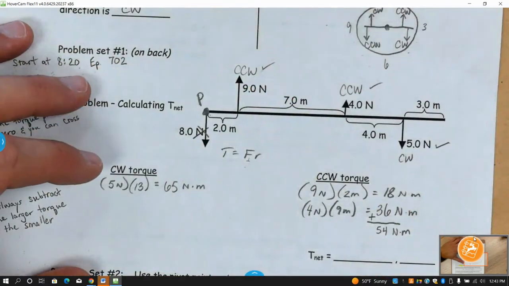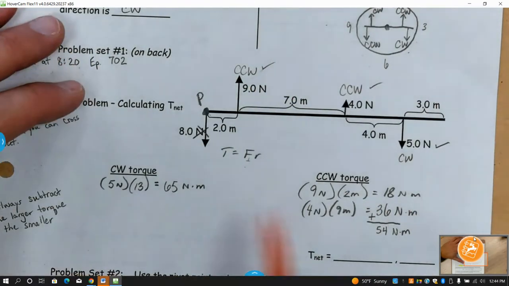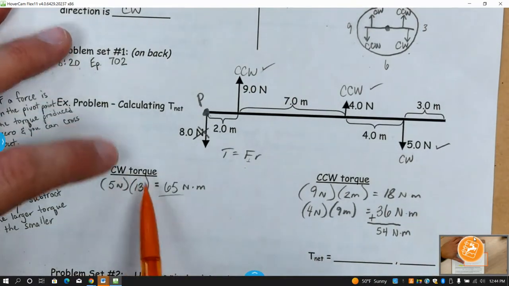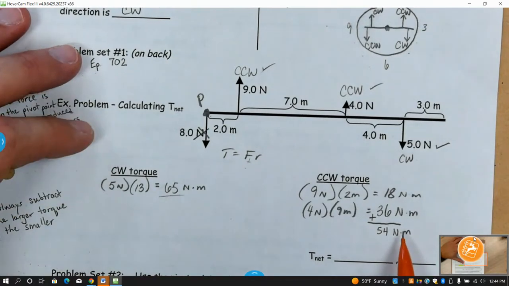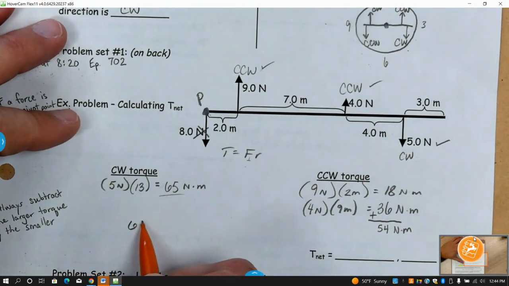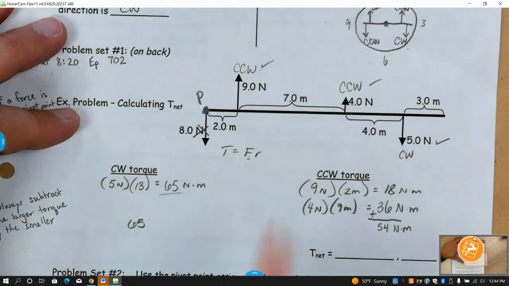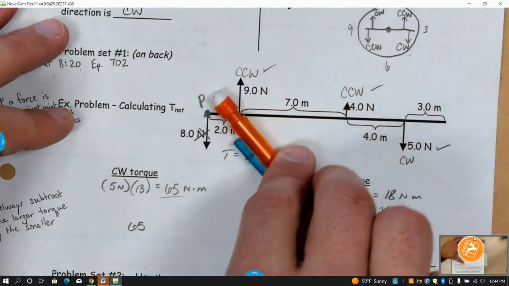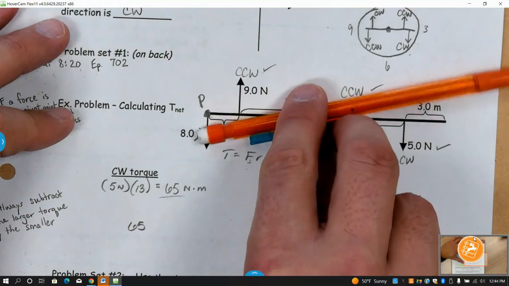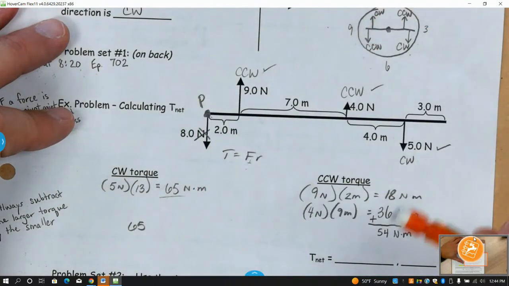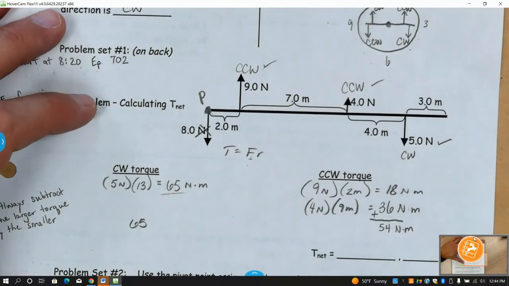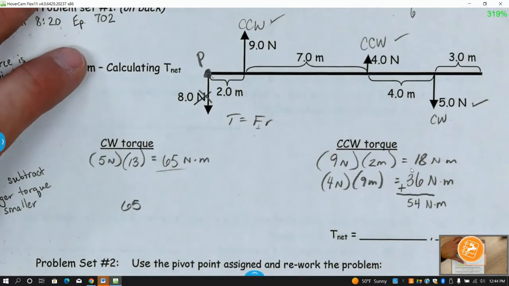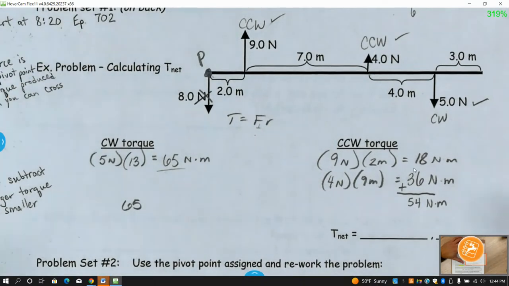Very similar with torque. This is the total clockwise torque, and this is the total counterclockwise torque. We need to figure out which one is dominant and which way this is going to rotate: clockwise or counterclockwise. The 54 is the 18 and 36 added together.